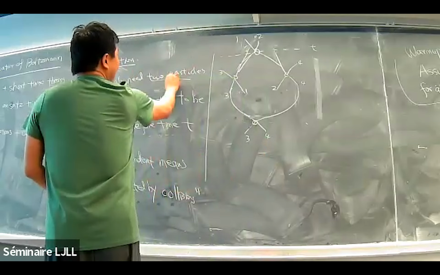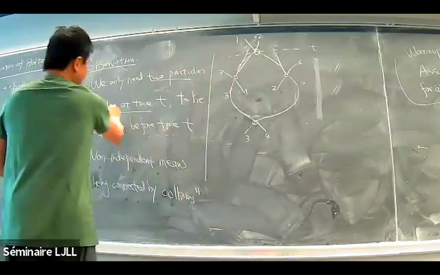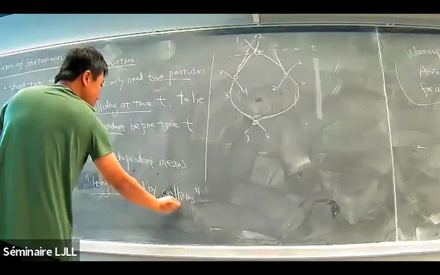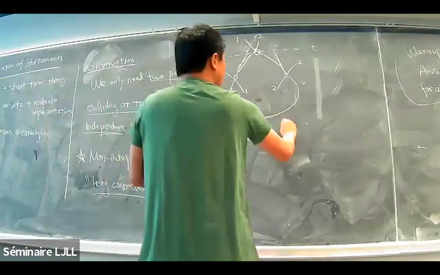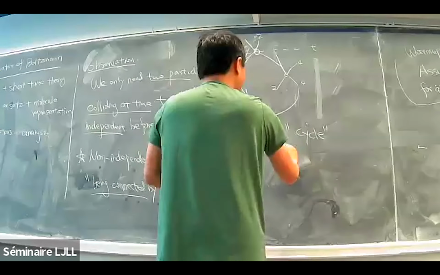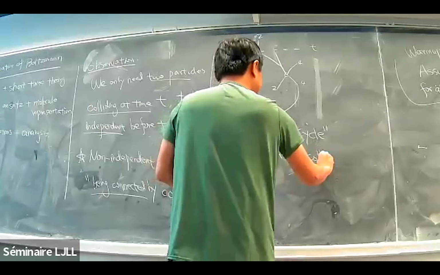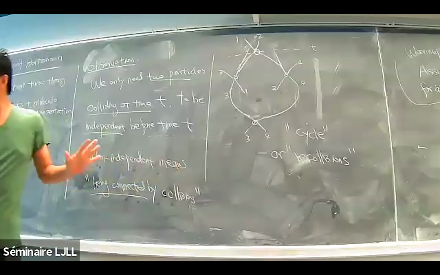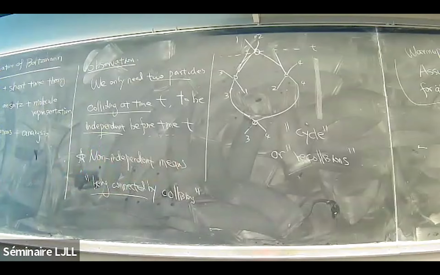So if 2 particles collide and they are not independent before, which means they are connected by collisions, then this will lead to a cycle, or what we may call recollisions. And basically, the idea is we want to show that the probability that this recollision happens is negligible.